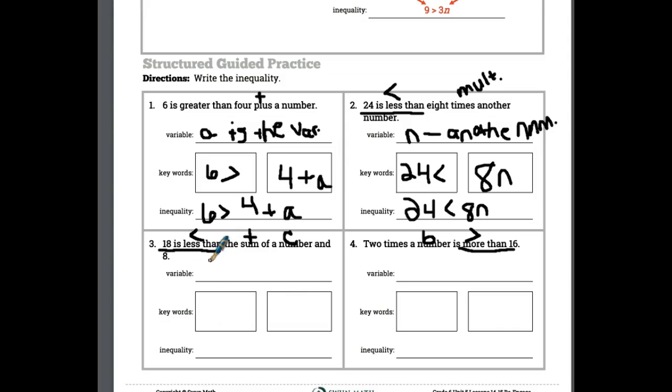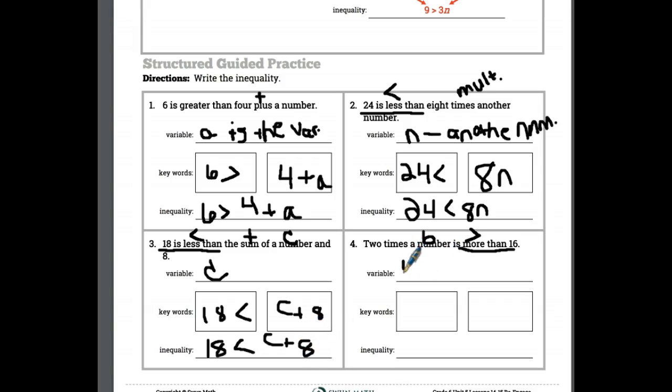Okay, so here we go. Your variable you listed here was C, and keywords 18 less than. And here the sum of a number and 8. And your inequality should be 18 is less than C plus 8.